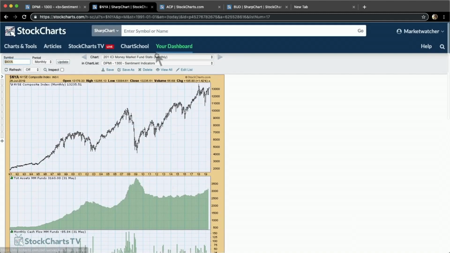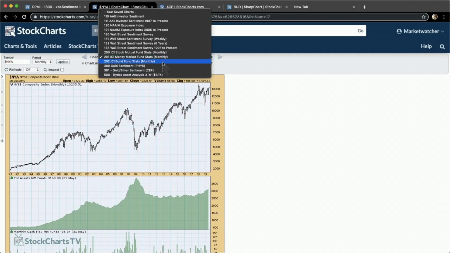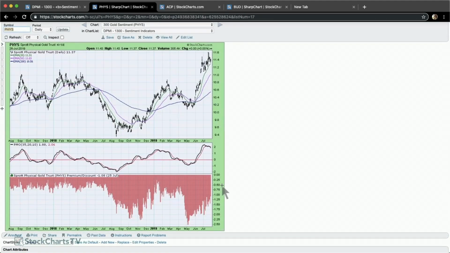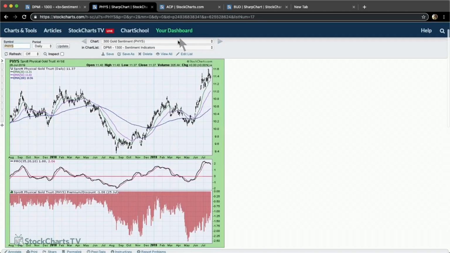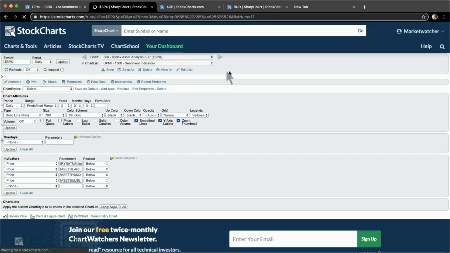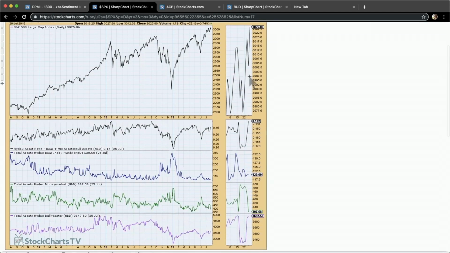And then finally, the other ones that we look at are our gold sentiment, where we use the discounts and premiums on the Sprott Physical Gold Trust. I'm not going to examine all these charts, so we're never going to have time for all of what we have. And then we also have the Rydex chart that I go over.